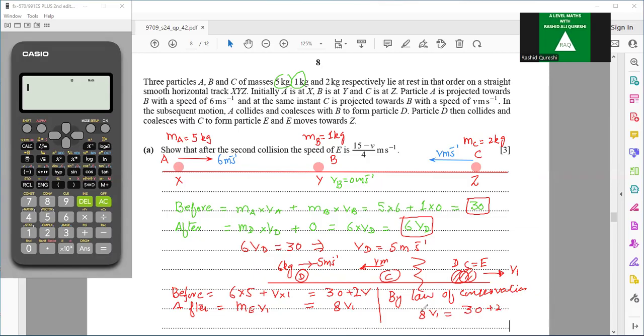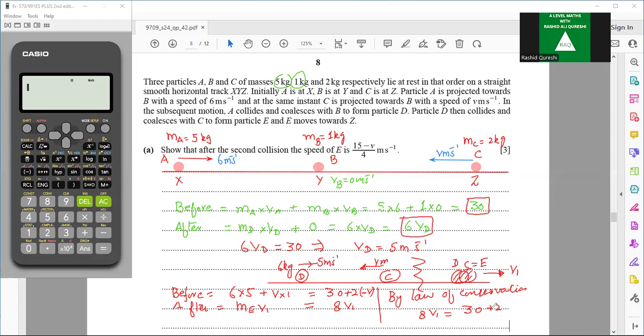One thing: over here, when the velocity is opposite to the direction of the motion, its velocity will be minus V. So over here, that becomes plus 2 times the mass of the particle C, and its velocity will be minus V meters per second.